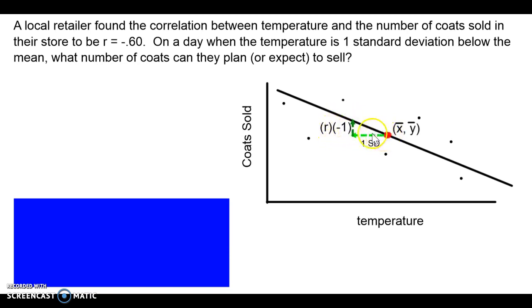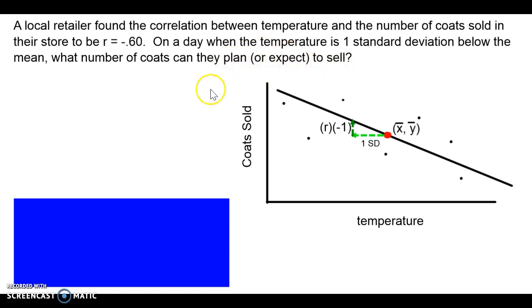And how many standard deviations am I moving below? 1. So this 1 standard deviation below leads me to a -1 right here. If I take R times -1, that will put me back on this line of best fit, which is where I want to be to find the expected or predicted number of coats that they would sell.